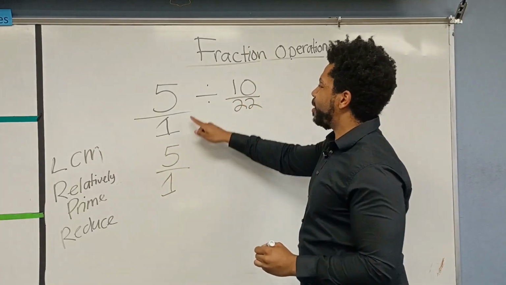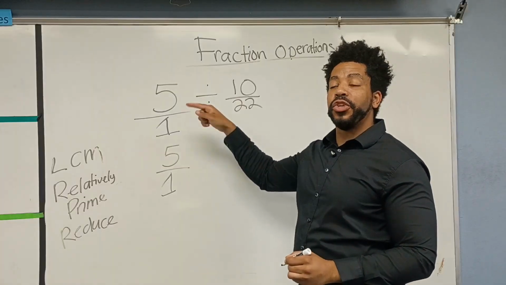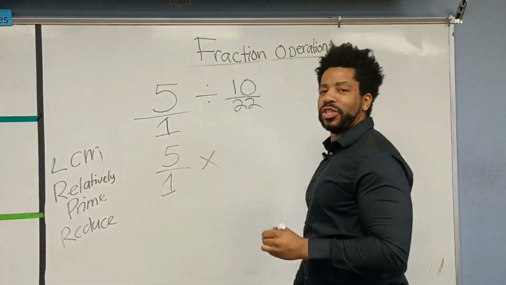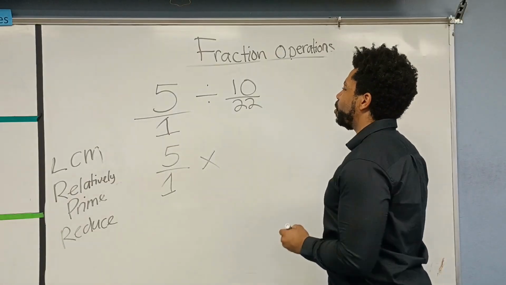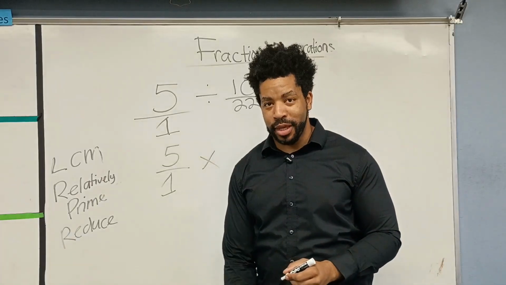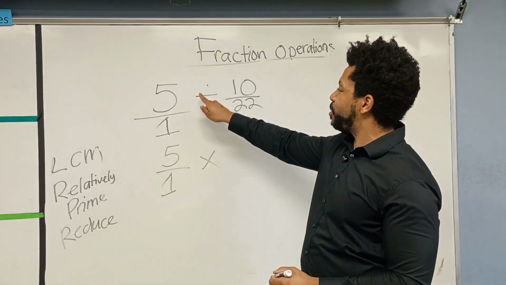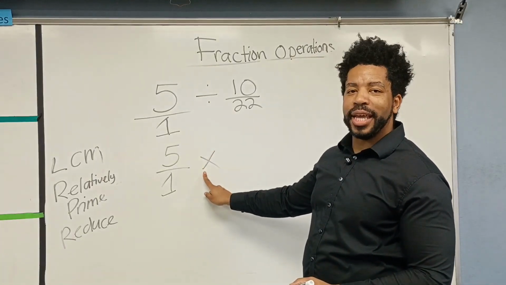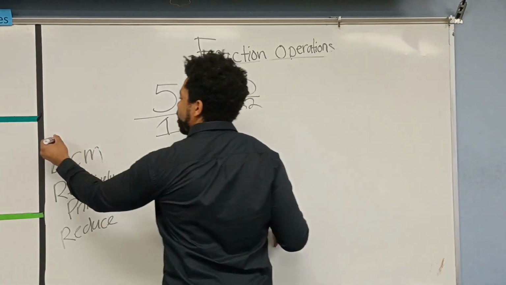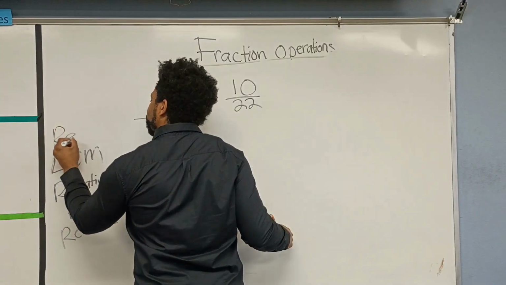So now we have 5/1, and now this division, you're actually going to change it to multiplication. Okay, we're going to change it to multiplication. And here's why we're able to do this. We're able to go from division to multiplication because we're going to take what's known as the reciprocal.